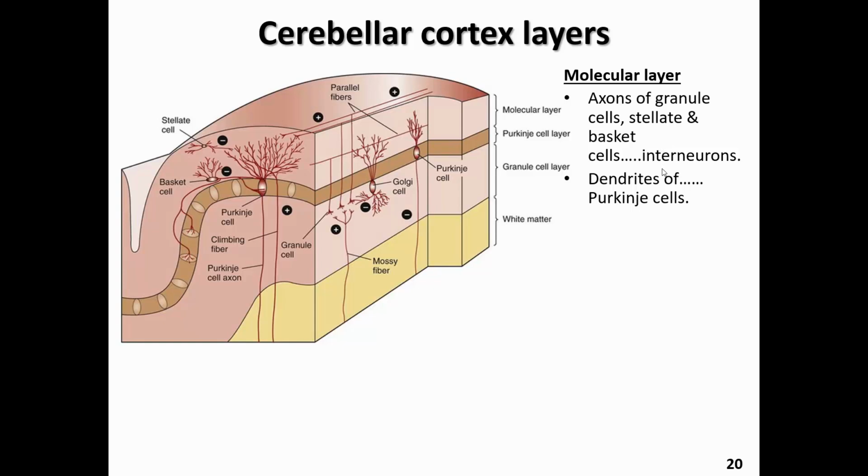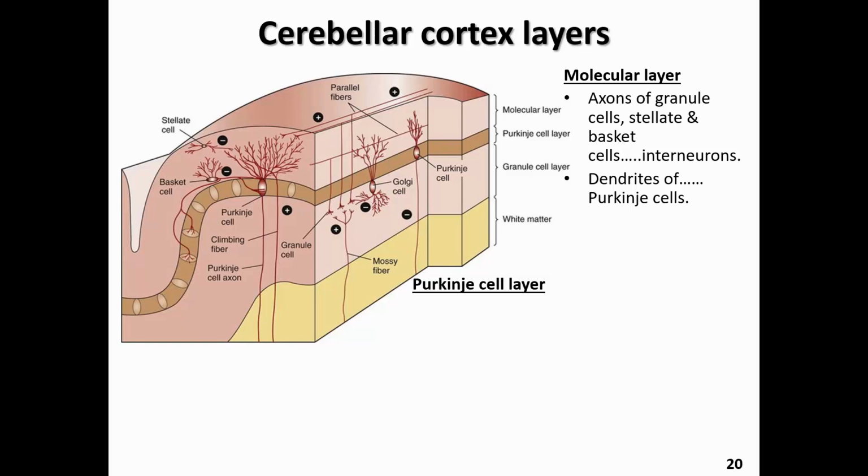And a major neuron in the cerebellum called Purkinje cells contain dendrites. A very extensive dendritic tree exists in the molecular layer. And recall when we talk about dendrites, we're talking about that portion of a neuron that takes in synaptic connections from other neurons.